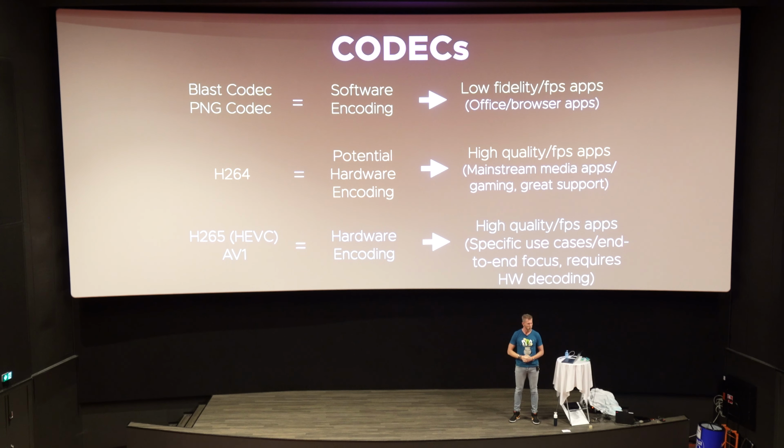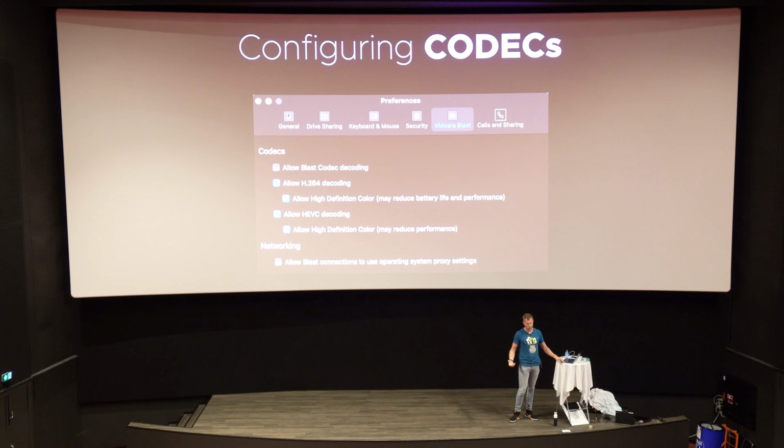H.264 is one of the most commonly used codecs simply because a Raspberry Pi has decoding chips on it that support that. Every Windows OS, every modern CPU has instructions to run decoding of H.264. So that's why it's commonly used. If you want to configure it and you keep it default at the agent side, so at the virtual desktop side, this is basically what you need to do.